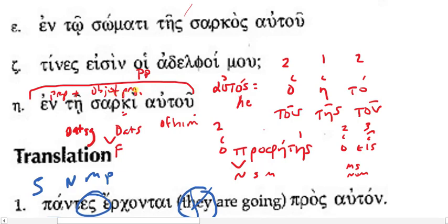But the object of the preposition is being modified by a genitive pronoun, right? So, in something. What's that something? The body. Whose body? The body of him. So all of that is part of the prepositional phrase.